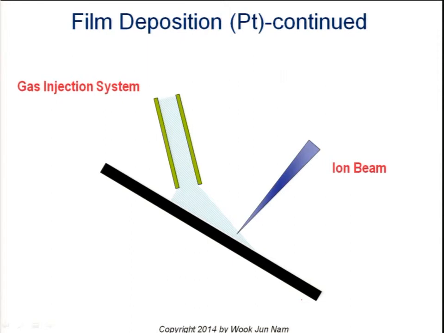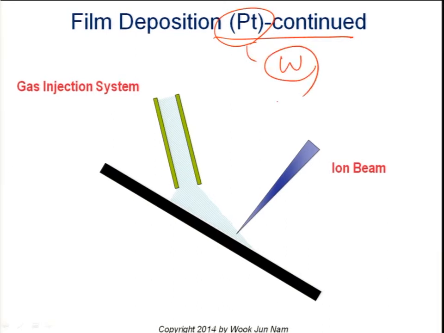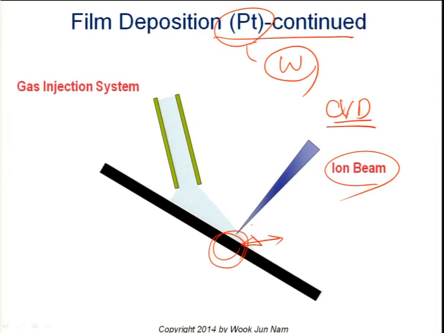And as I mentioned, we can also deposit some metals, which are platinum and tungsten. The way we deposit this metal is very similar to CVD. Using the ion beam, we can locally heat up a sample. So locally, the temperature in this area is pretty high.